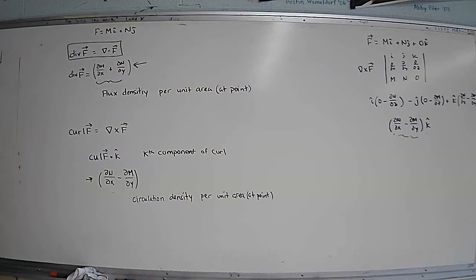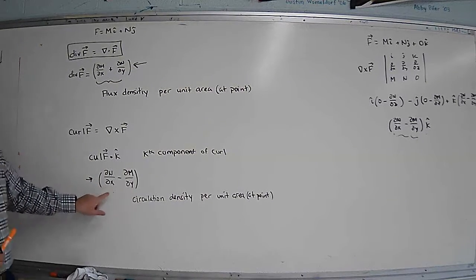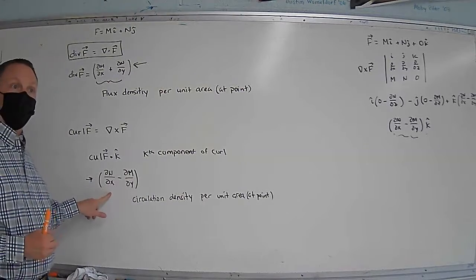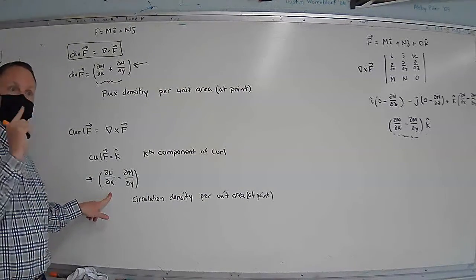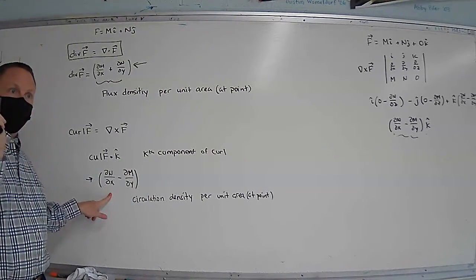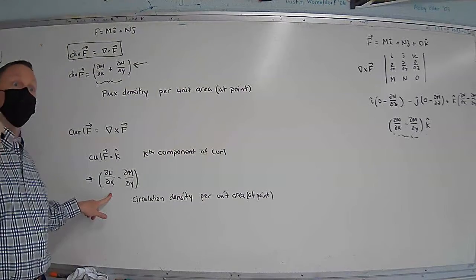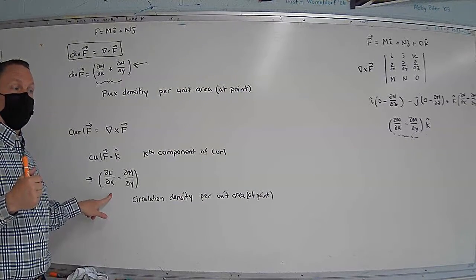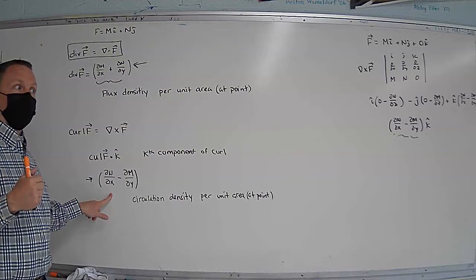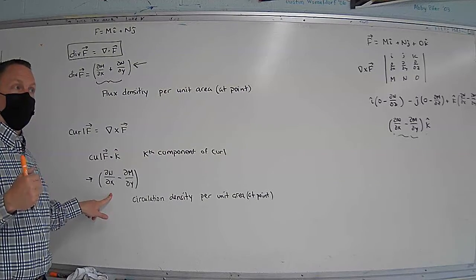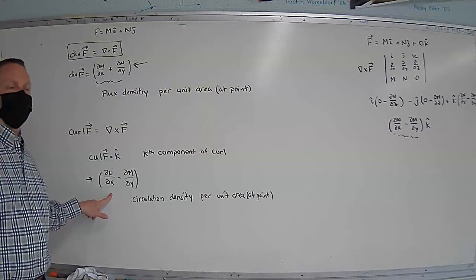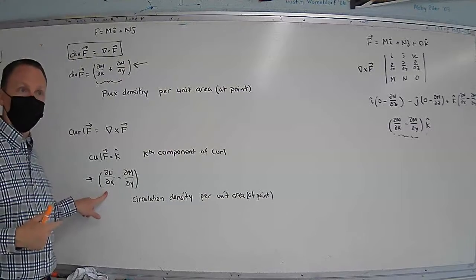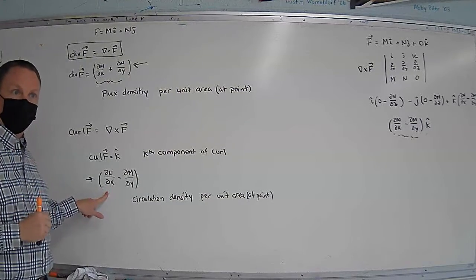This one, when you do this calculation here and you get a positive number, there's a positive amount of rotation happening there. I'm going to say it's easier to say it the other way. This calculation is twice the angular velocity.